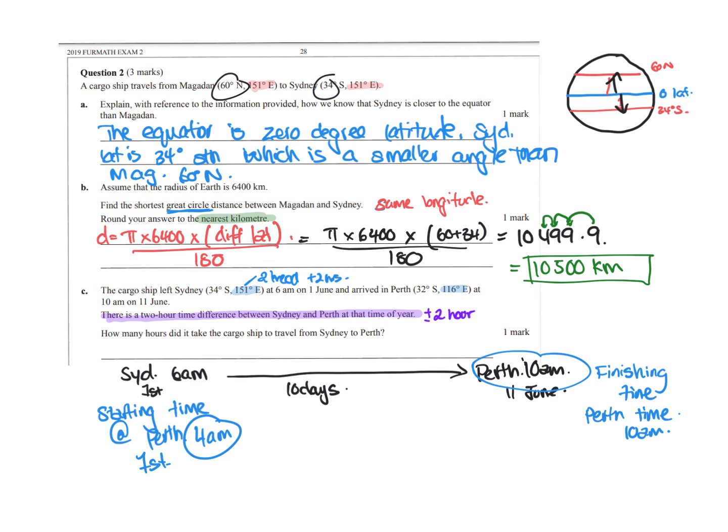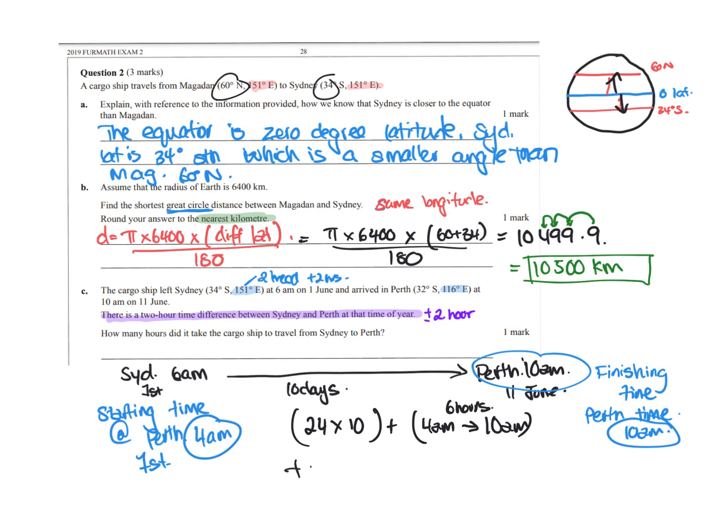So then we have 10 days in between, and there are 24 hours in a day, so we'll do that. Plus, it's a bit extra, because 10 days would only take us to 4 a.m. 10 days later, and it was 10 a.m. So going from 4 a.m. to 10 a.m. is another 6 hours.